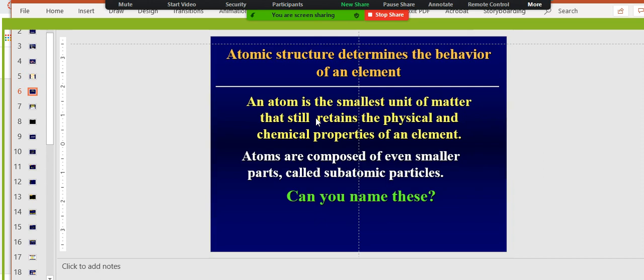All right. So the structure of the atom is important in determining the chemical and physical properties of that particular element. And each of these atoms is composed of smaller parts. Scientists know this because we smashed them together. Imagine that if you can only see something so small as like a Lego fire truck.